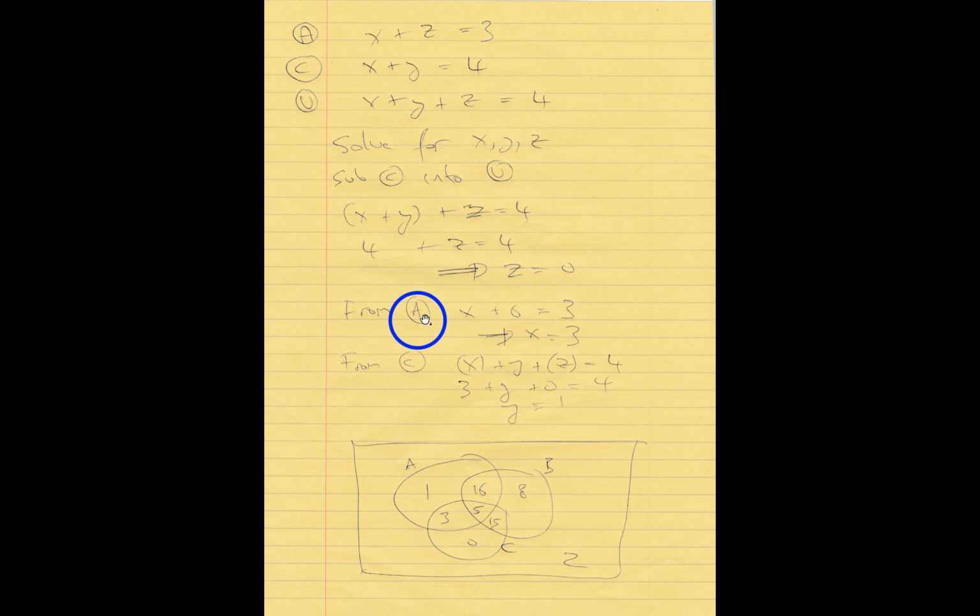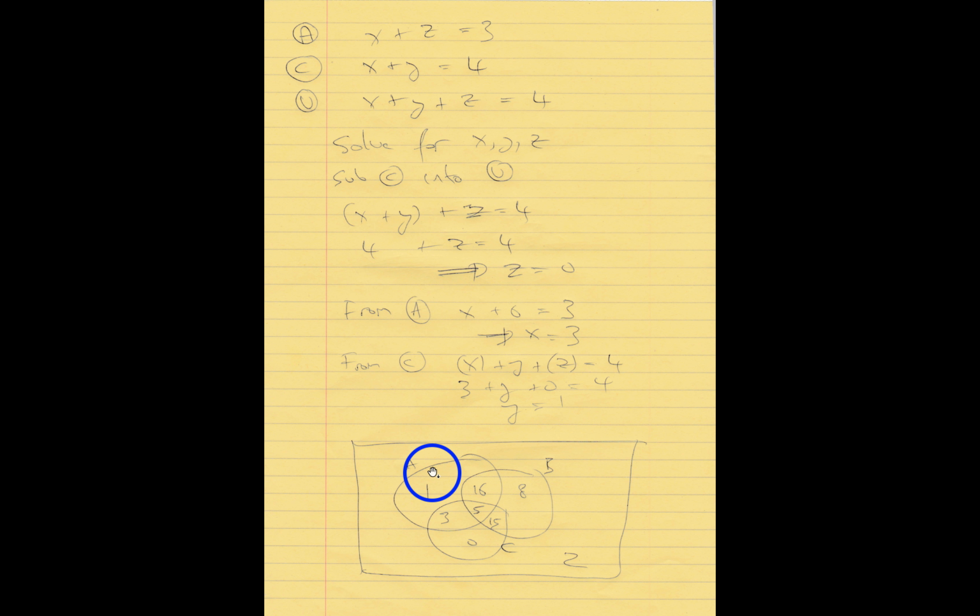From the first equation, you can then do x plus z, z is 0, equals 3. This tells us that x equals 3. And now you know that x is 3 and z equals 0. You can plug that into here, x plus y plus z equals 4. And if I've not made any mistakes, I substitute x equals 3, y is what we're looking for, z is 0, equals 4. This gives me y equals 1.